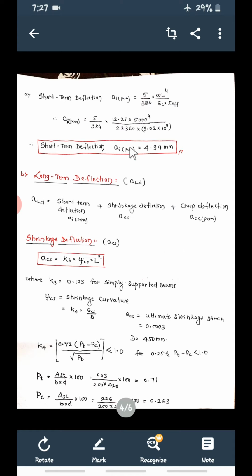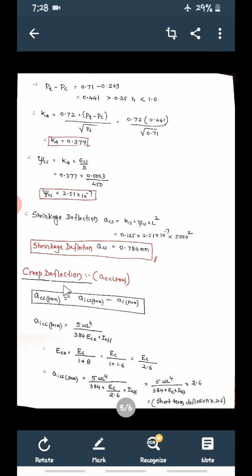So we first calculate short term deflection, then long term deflection will be the addition of these three. These two we have already calculated here. First calculate shrinkage deflection using this formula: take K3 equal to 0.125, calculate εcs using this, then K4 will be calculated like this. Next is creep deflection.